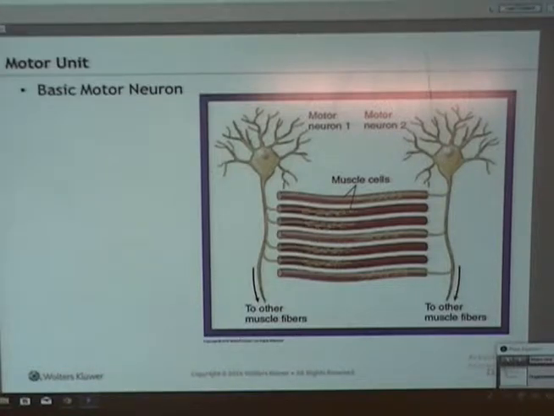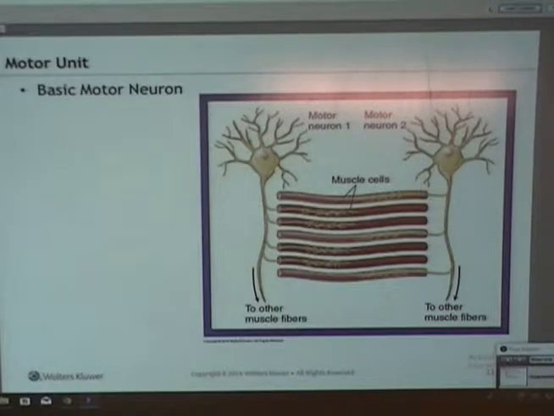So the finer the control, so in the eye, for example, the nerve will only synapse with between 5 to 10 muscle fibers to move your eye around, because it's got to have very tiny, clear, distinct control over the eye.